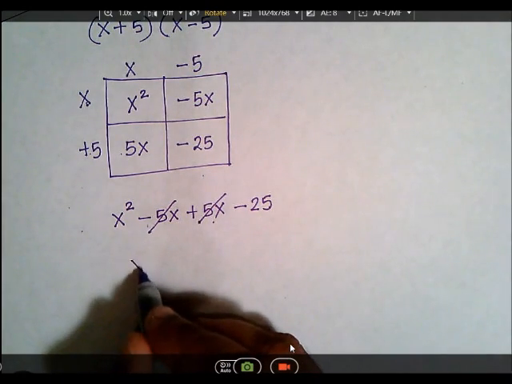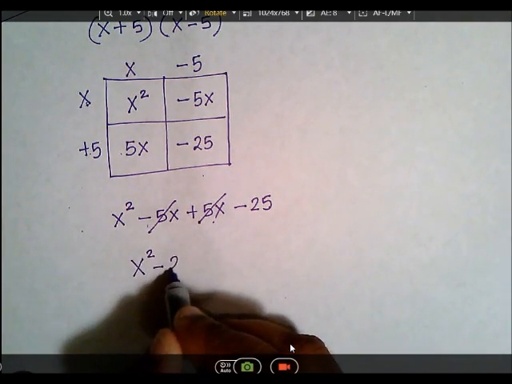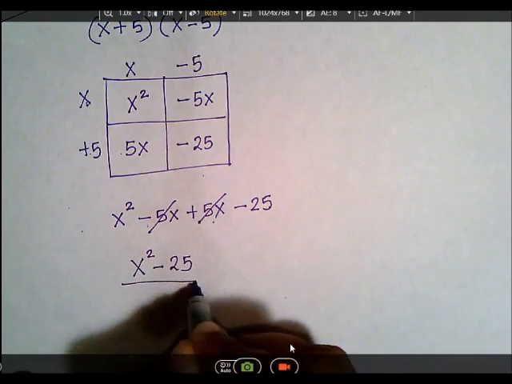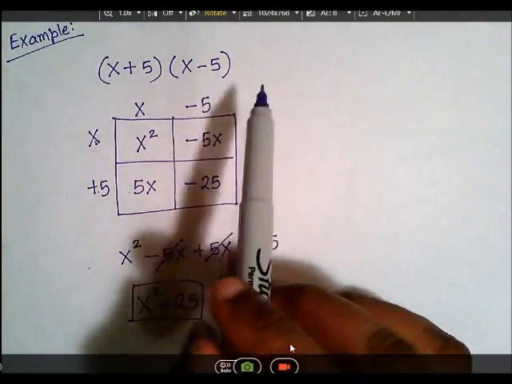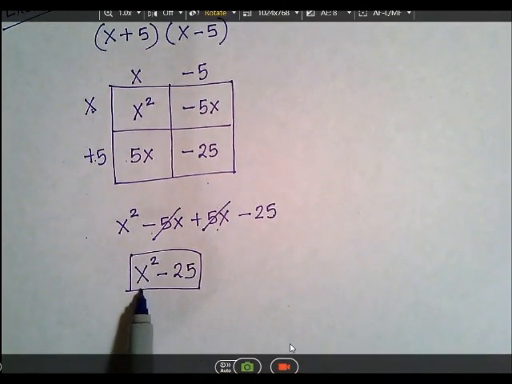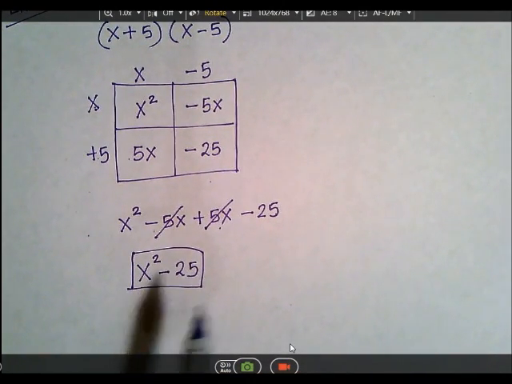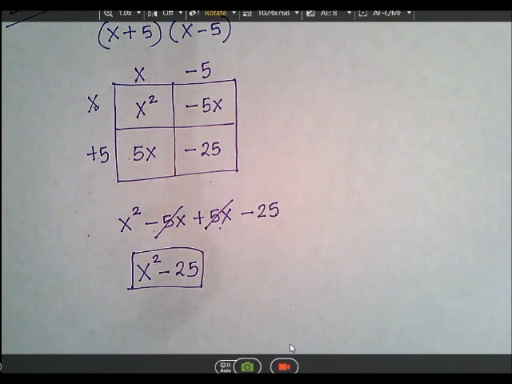So I get an answer which is x squared minus 25. So this is a binomial that I got by multiplying two binomials. Okay, so each product that I got has its own name. So let's take a look at what the name of the product is.